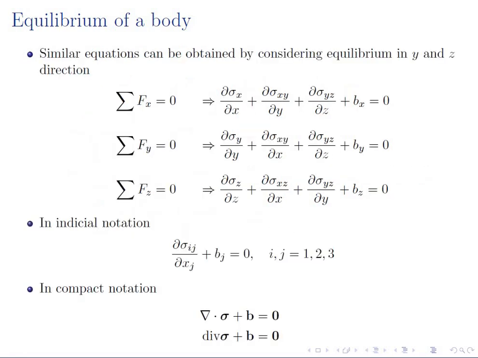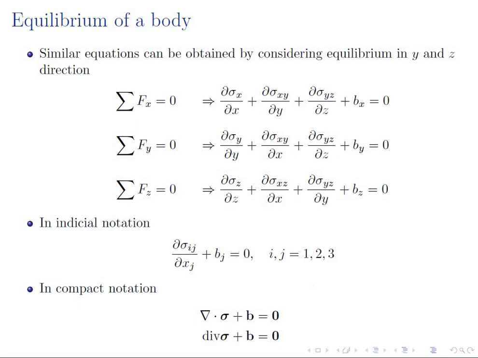Similarly, I can also formulate the equilibrium in the y direction and in the z direction, and I will get three equilibrium equations for a three-dimensional body. Or in a more compact form, in the indicial notation, I can write it down as partial sigma ij comma j plus bi equals 0.